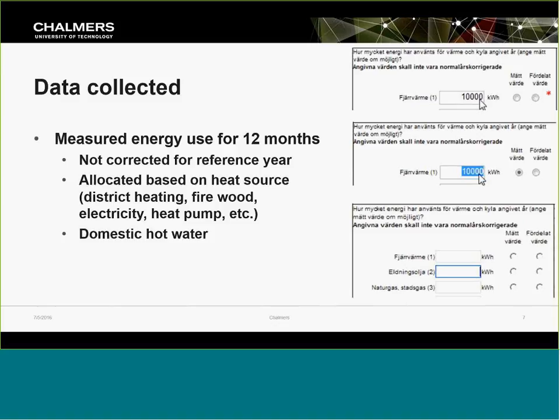And to also know the heating, the domestic hot water energy use for heating up the hot water should also be entered, and also information on the household electricity and the facility electricity should be entered. Of course, if you have a building heated by electricity, we need to know how much is actually going to the heating of the building itself and not to the household appliances or to the facility electricity.